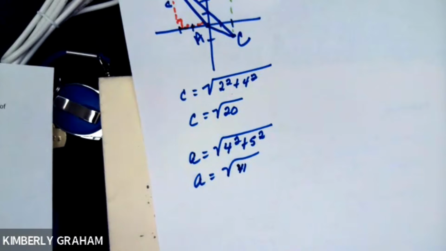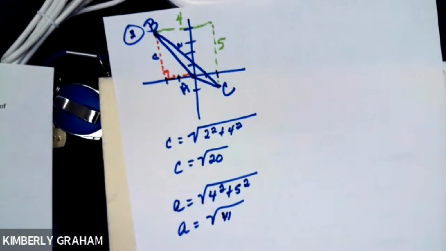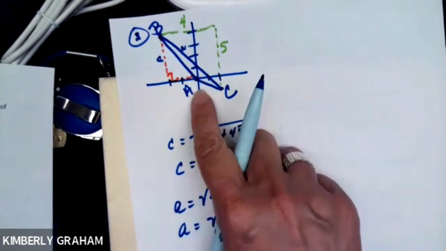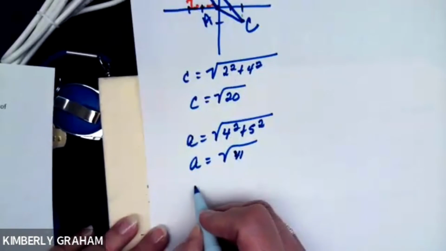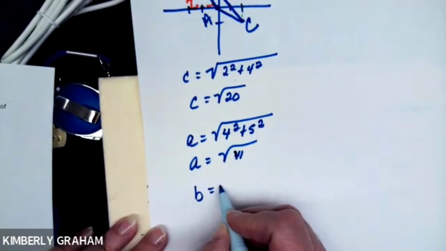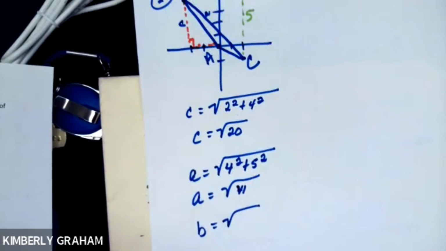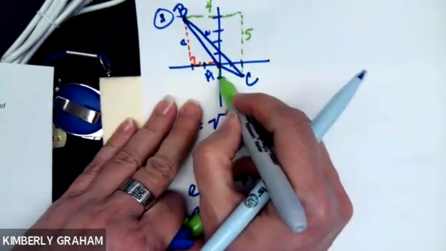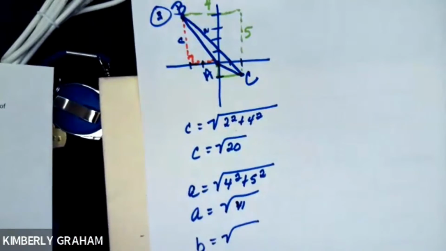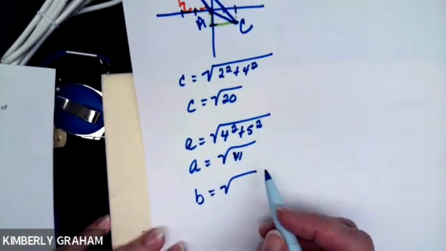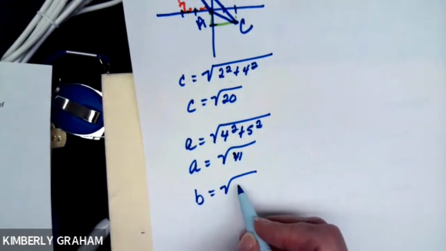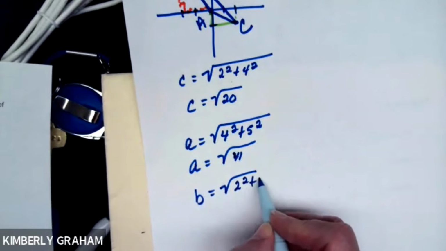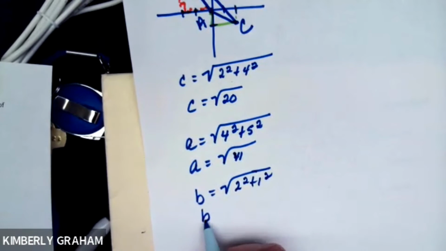Then my other side is side B, and that would be 2 and 1 for the legs of that triangle. So 2 squared plus 1 squared, that would be the square root of 5.